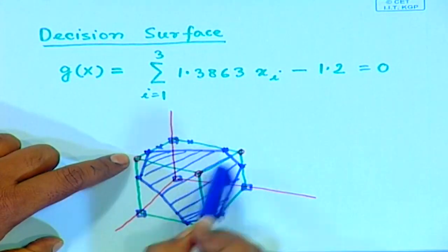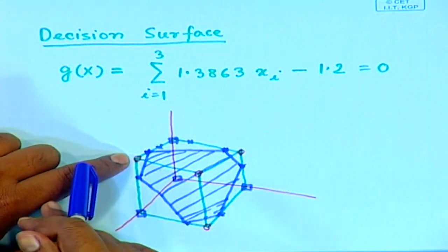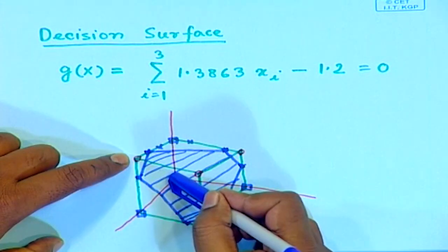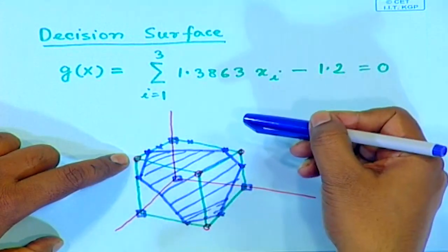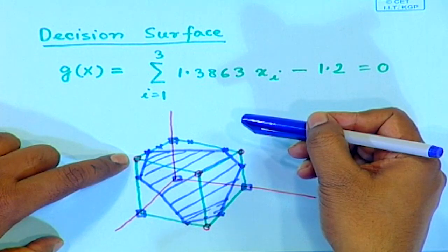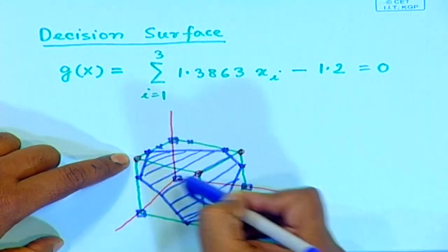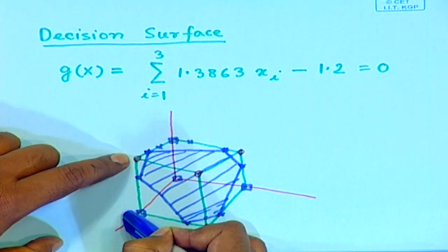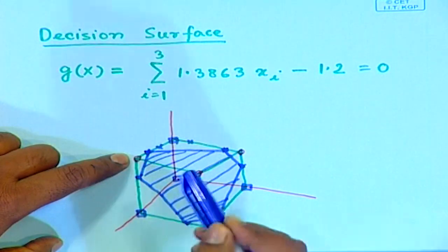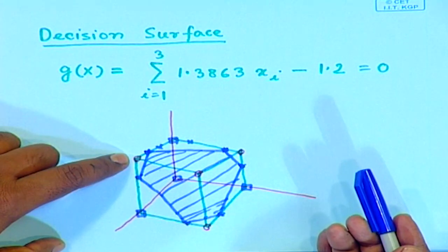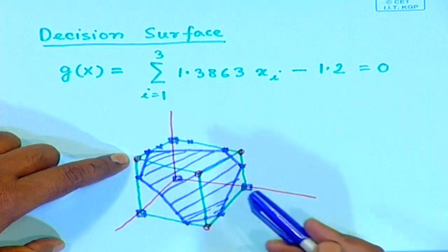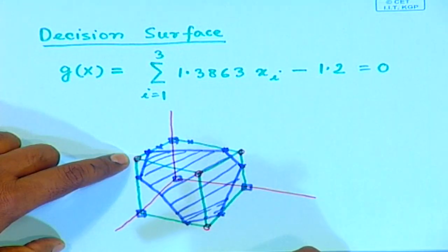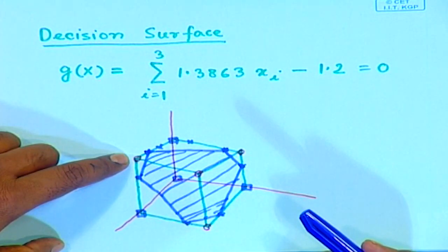These are the points which are put to omega 2, and the other side is put to omega 1. So it says if at least one of them is equal to 1, then the decision will be in favor of omega 1. Otherwise, the decision will be in favor of omega 2.